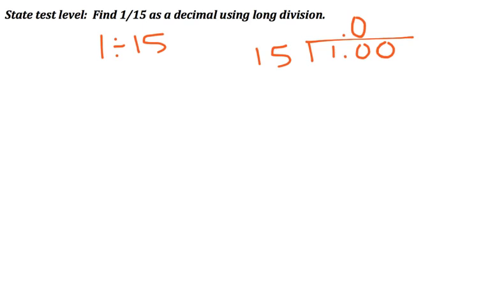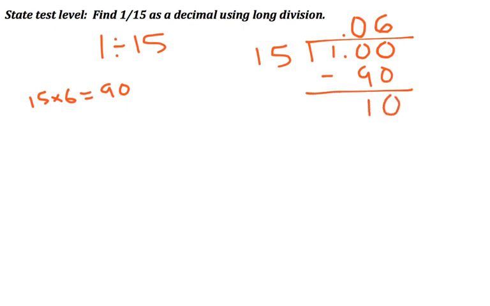Now 15 does go into 100, and it's a little weird to count by 15s, but if you were to do 15 times 6, you would get 90. So I'm going to put a 6 here because I'm trying to go into 100, and anything more than 90 would be too much. 15 times 6 is 90. 100 minus 90 is 10.